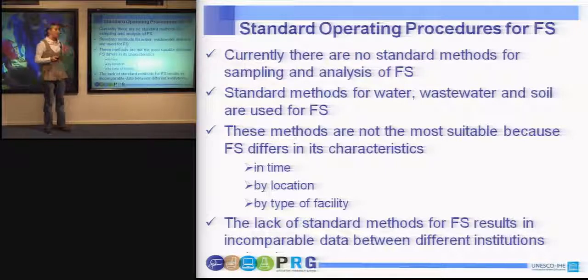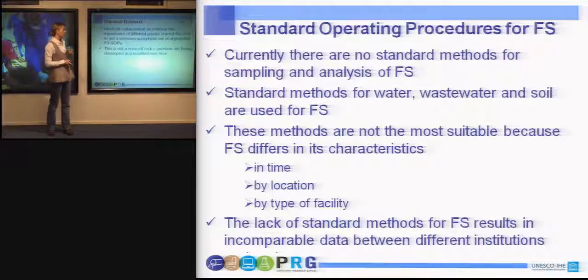And then we have a high variation even between the different sludges coming from the different on-site sanitation facilities. So the lack of standard methods for fecal sludge results in incomparable data sets generated between different regions and institutions, which is already raising a problem.